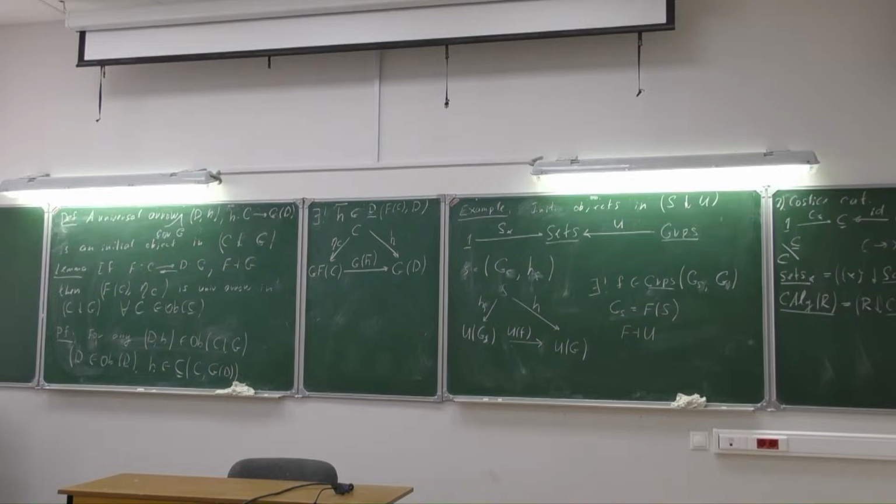It's by naturality. Yes, this is precisely one of the two formulas that we use all the time. I just wrote this commutative square instead of the formula.